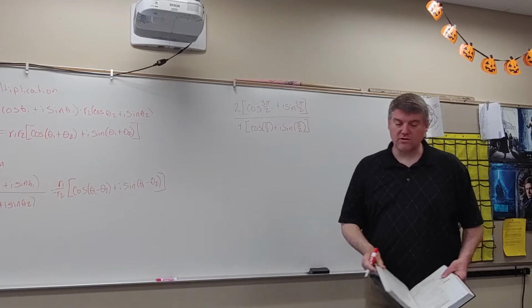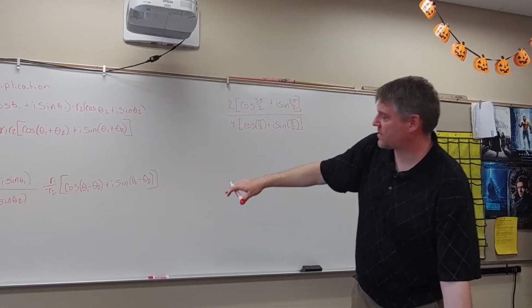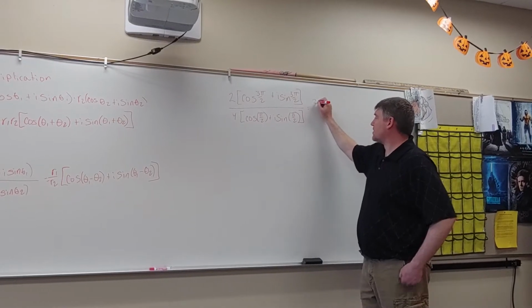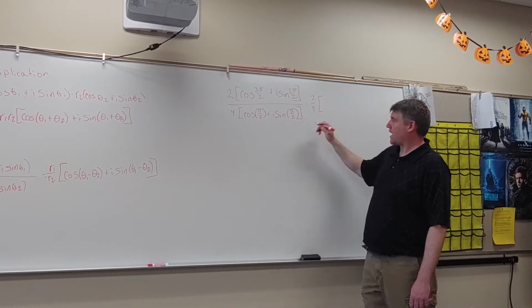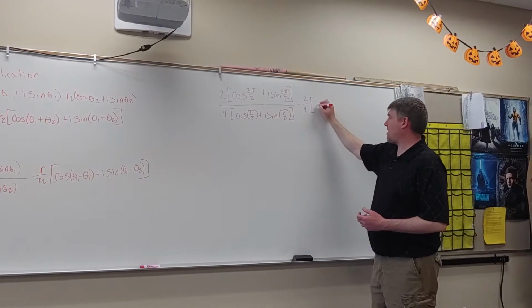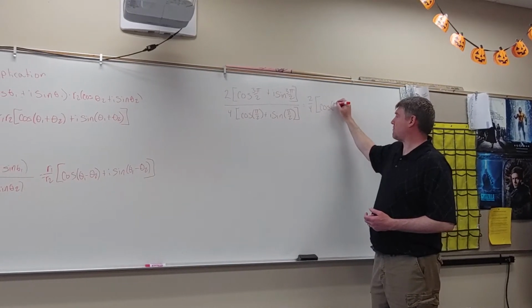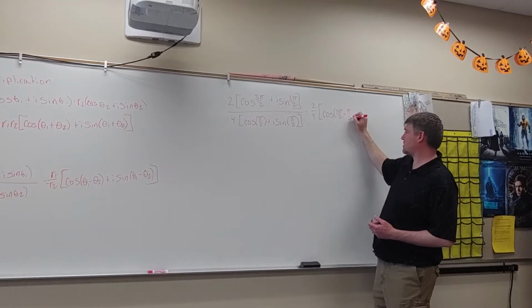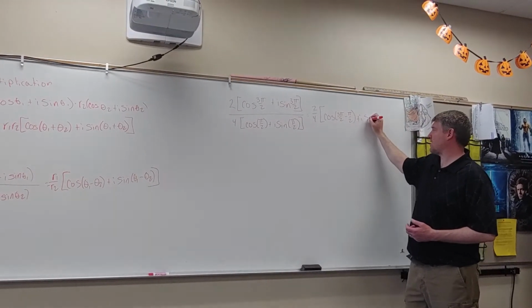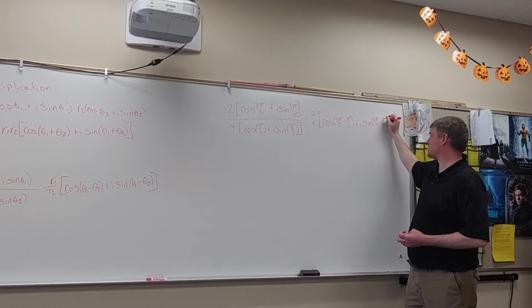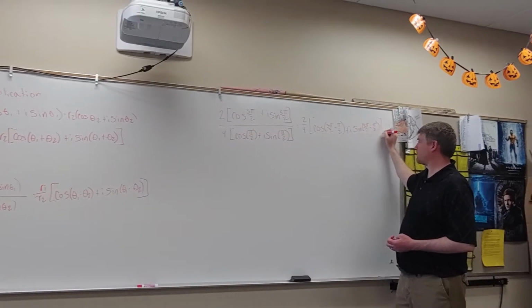Okay? So we're going to use our division formula here. So I'm going to have the ratio, 2 over 4. And now what I'm going to do is subtract my angles. So I'm going to have cosine of 3 pi halves minus pi halves plus i sine of 3 pi halves minus pi halves.